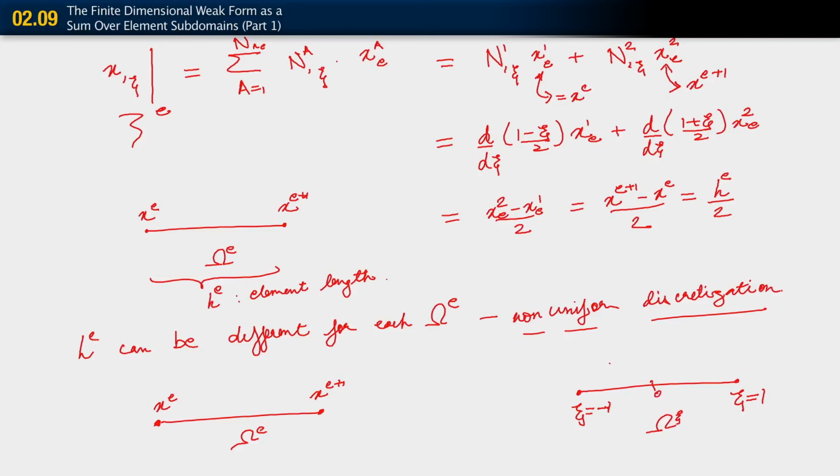Essentially, for this mapping, we know that the scaling of the element in the physical domain relative to the scaling in the parent domain is essentially h_E over 2.